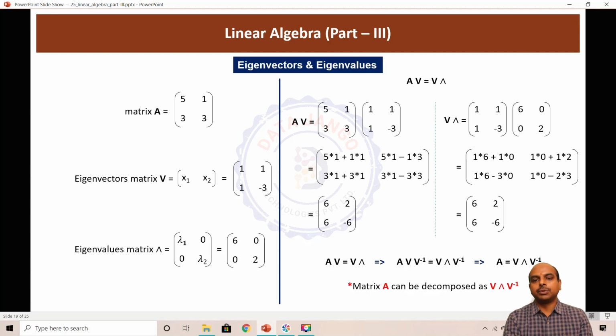And you can say that AV is equal to V lambda. Your original matrix multiplied by the eigenvector matrix is equal to the eigenvector matrix multiplied with the eigenvalue matrix. Or in other words, you can say A can be decomposed as V lambda V inverse. This is called eigenvalue decomposition. How to do it? We'll see it in a moment with a simple example.